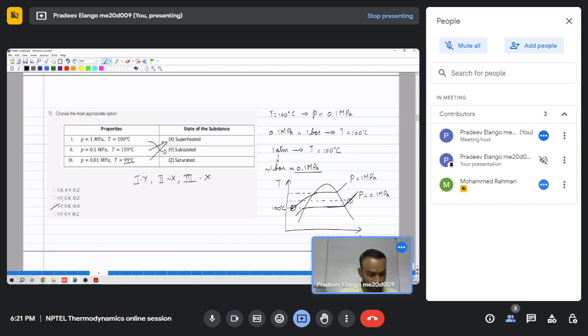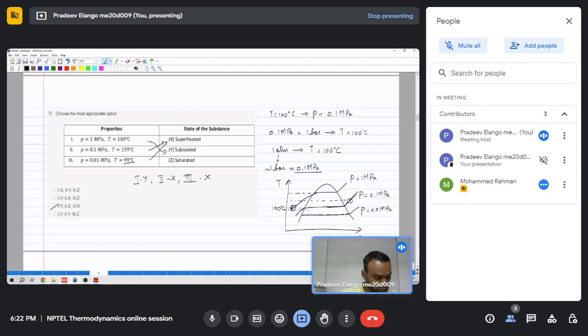And similarly for the third one, we know that it is 99 degrees Celsius, so it is somewhere just close to 100 degrees Celsius. And then the saturation pressure will be slightly less than 0.1 megapascal, but they have given it as 0.01 megapascal.